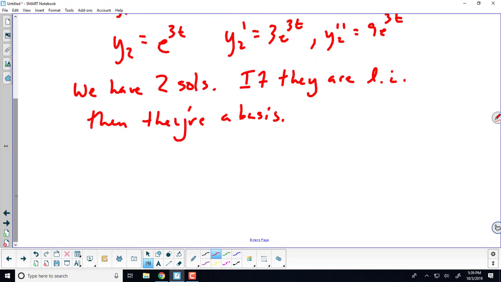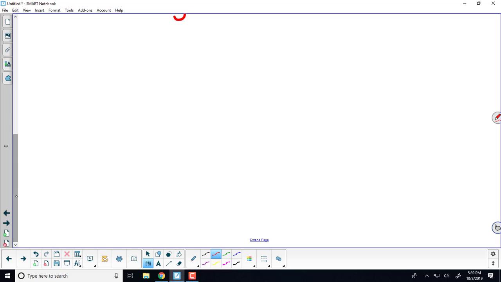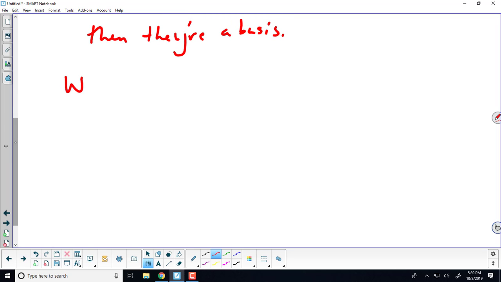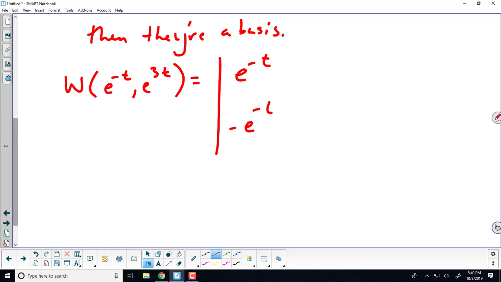So as Tony said, what's the best way to check that they're linearly independent? We're going to take the Wronskian of them. So we've got the Wronskian of e to the minus t, comma, e to the 3t. So let's check that. That's e to the minus t, minus e to the minus t, and e to the 3t, and then 3e to the 3t.